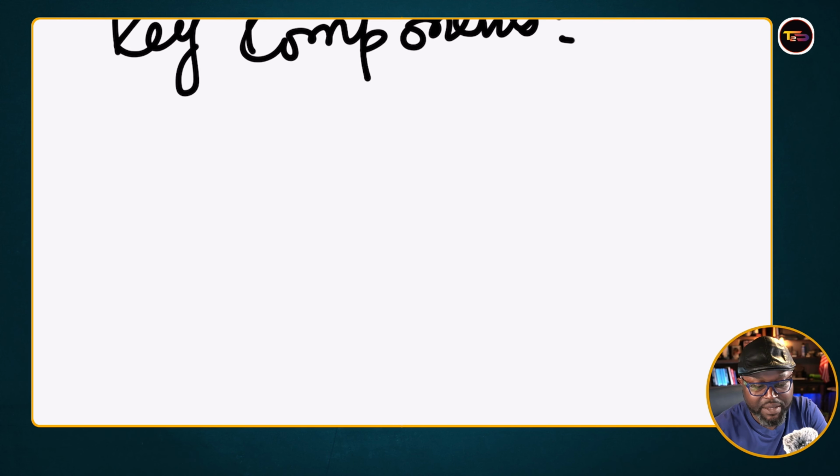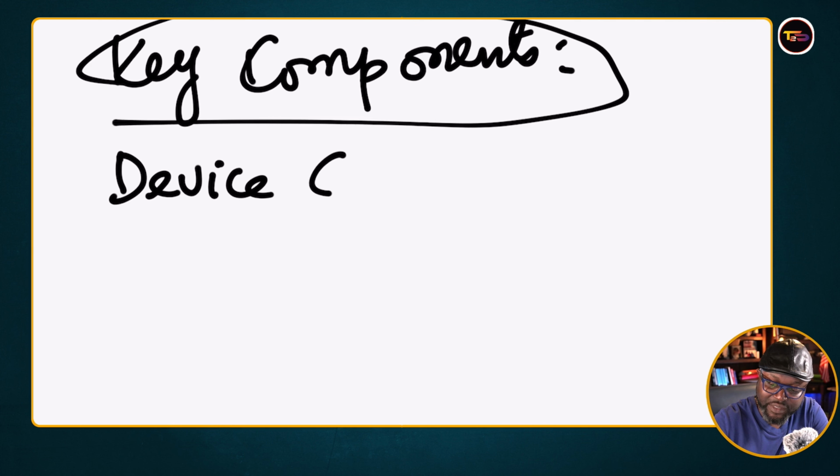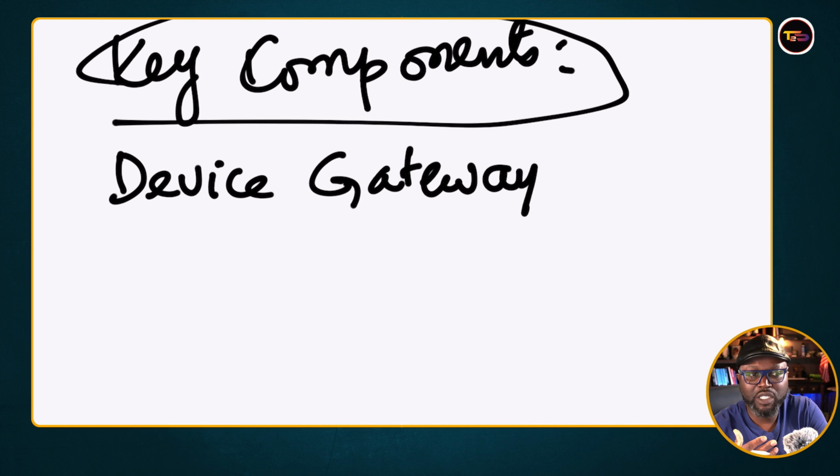The first one would be a device gateway. The device gateway is what manages the connections between your devices and AWS IoT Core.